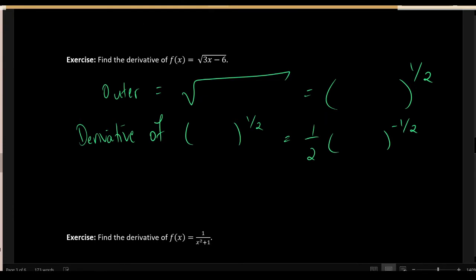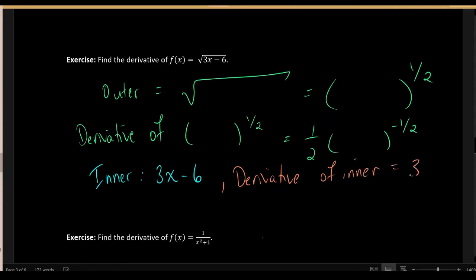Now what function is on the inside? What function is taking the spot where x would normally be? What function was actually under the square root where the blank used to be? The inner function is 3x minus 6. And the derivative of the inner function is just the constant 3.